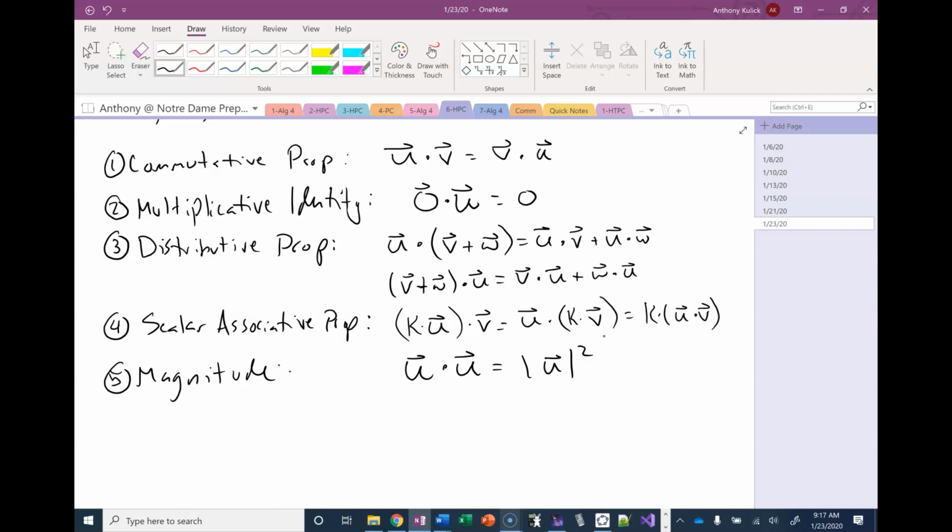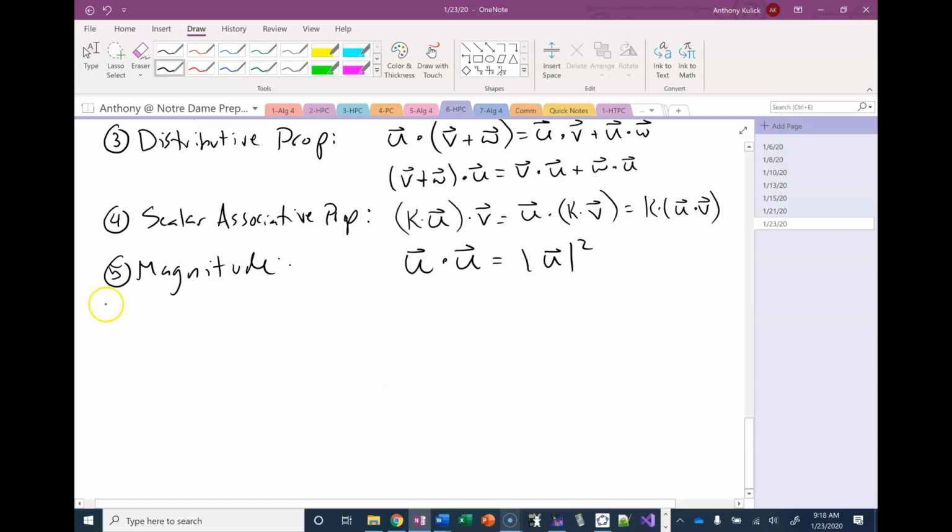So we're going to ask that you prove these properties in the homework. So we're not going to prove them all right now. But I will do one of them right now just to give you guys an example to follow. Okay? I'm going to pick to do the fourth one because I think it's a good representative example.